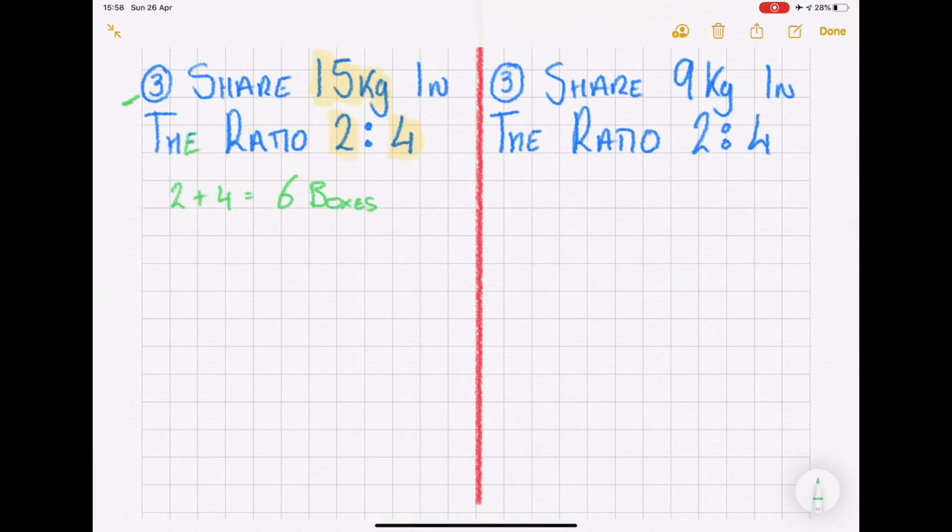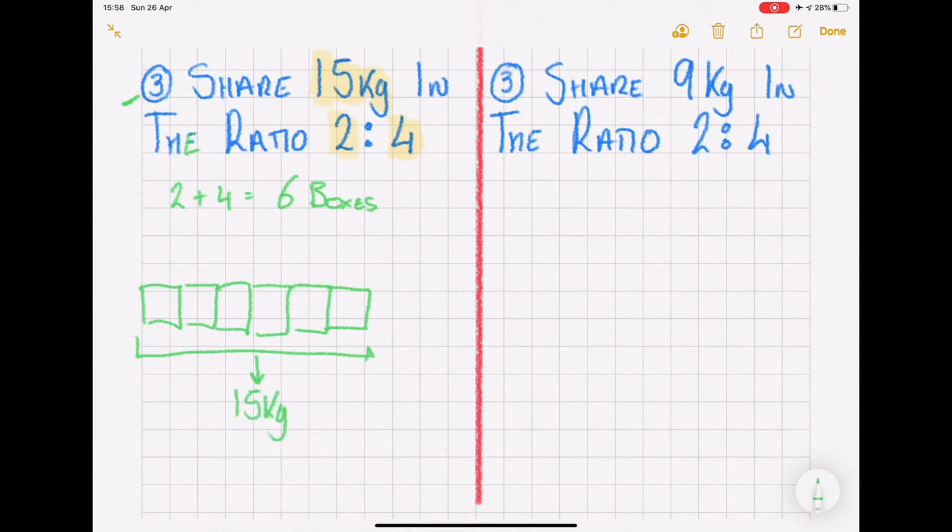Now let's draw our 6 boxes. And we're going to say all those 6 boxes added together have a worth of 15 kilograms. Now let's find out how much is in each box. To do that, we're going to do 15 kilograms divided by the amount of boxes there are, so that's 6 boxes.